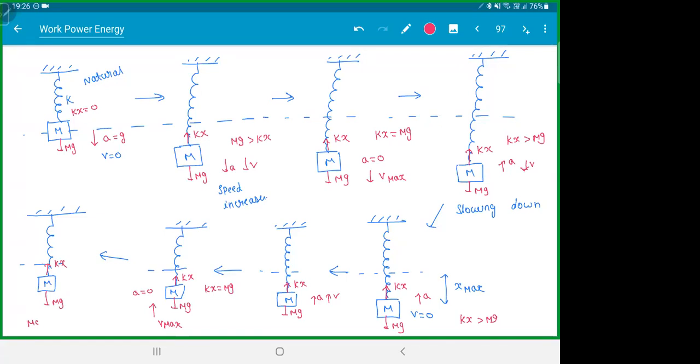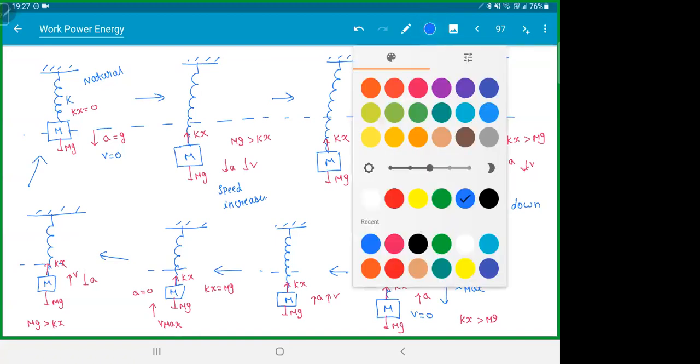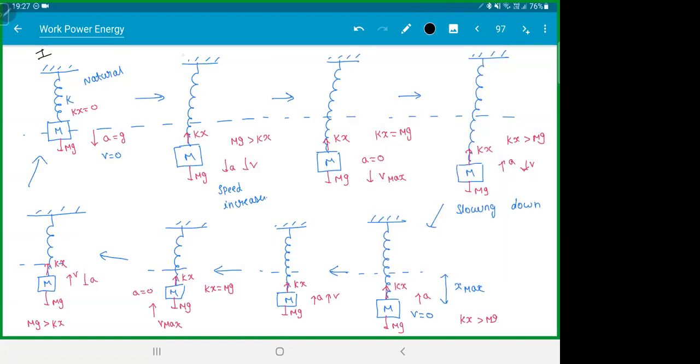But this time again, mg became greater than kx. So your speed is up, but acceleration is down. And finally, you come back to the initial state. This is the full cycle. This is your state 1, state 2, state 3, state 4, state 5, state 6, state 7, state 8, and comes back to state 1 again. So this is how the whole cycle keeps on going. It will never stop.